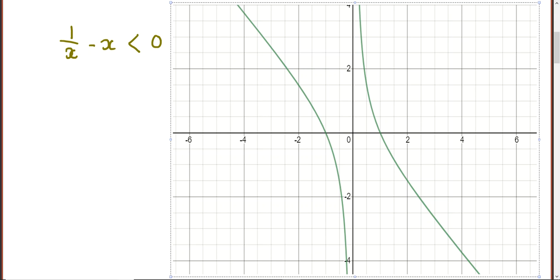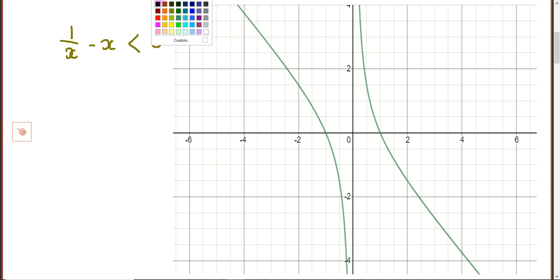How do I know where that is 0? Using the graph. Timo? When you say above the 0, what do you mean?